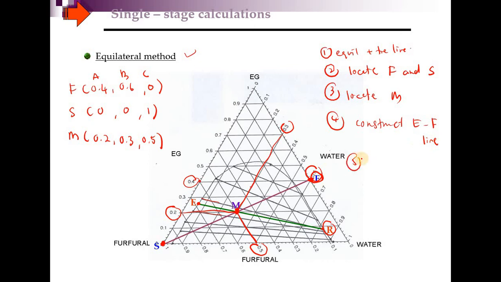Okay, and number 5, you find E and F coordinates. Basically we have the same coordinates as the right triangular method.